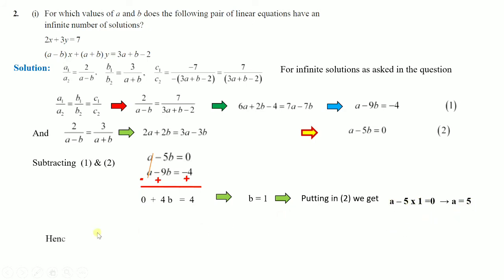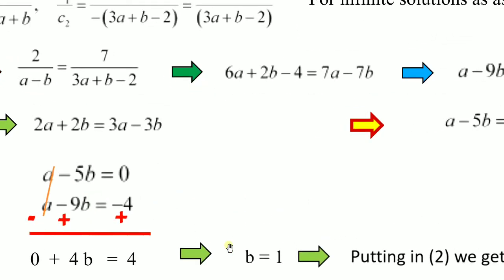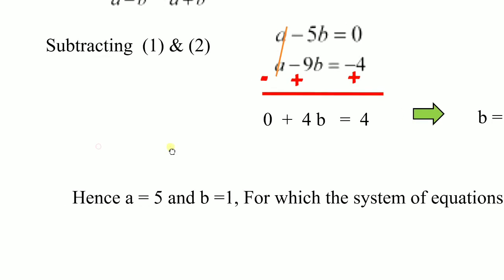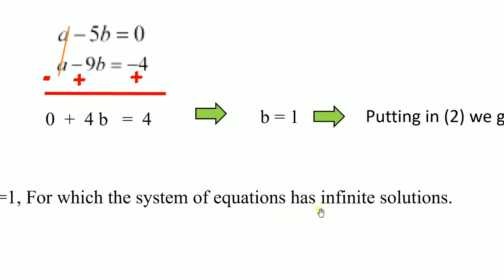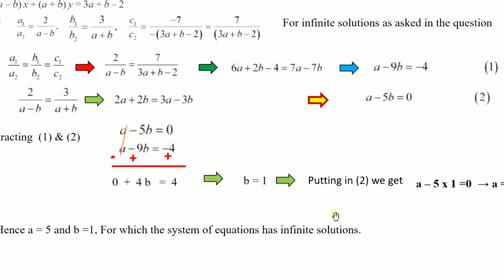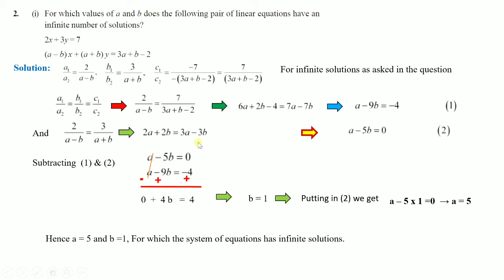So hence a is equal to 5 and b is equal to 1, for which the system of equations has infinite solutions. So that is the end of this question number 2, part number 1.